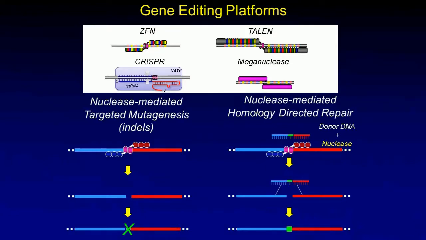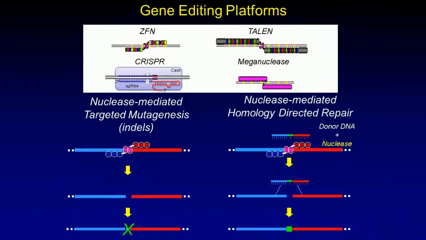It's very easy to make lots of the guide RNAs, and it doesn't work every time, but it almost works at very high efficiency every time with fairly good precision. So CRISPR-Cas has caught on and spread like wildfire throughout the life science community, allowing people to do gene editing.